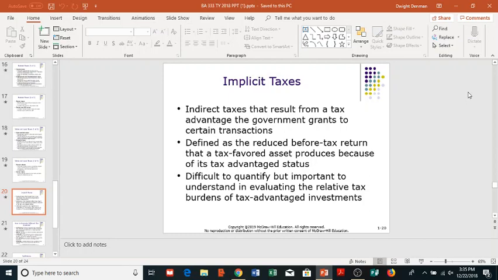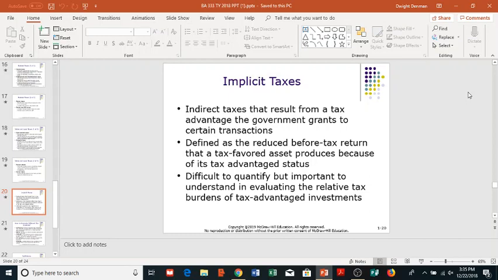Now, again, Congress has encouraged taxpayers to do certain things, enter into certain types of transactions. And so, in order to encourage them, they create certain tax benefits for these investments so that it will encourage you to buy them. Okay? Well, what kind of things are those? What type of investments are those?